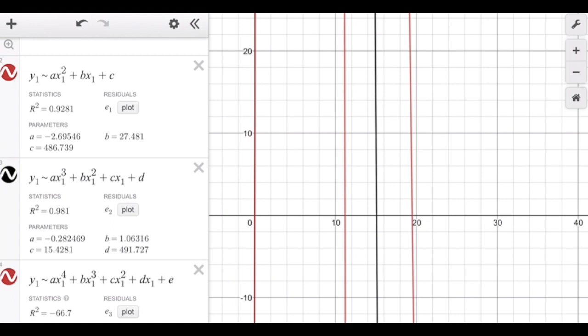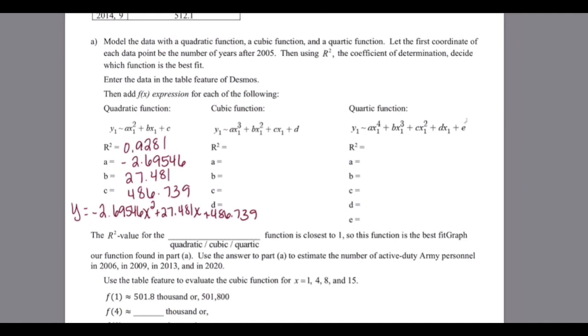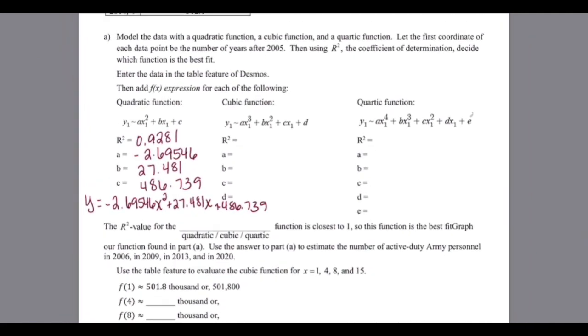A quadratic function is a nice fit, but a cubic function is a nicer fit since it's closer to 1. So we can say that the cubic function is closest to 1, so it is the best fit.